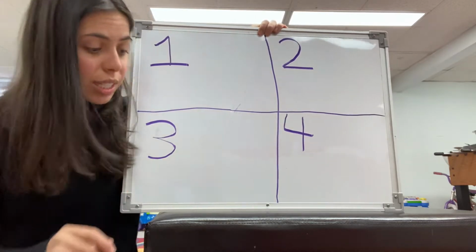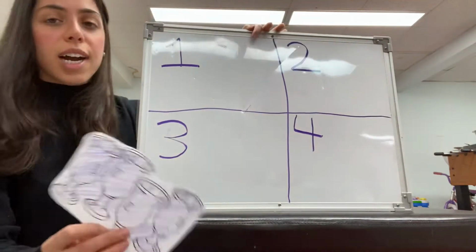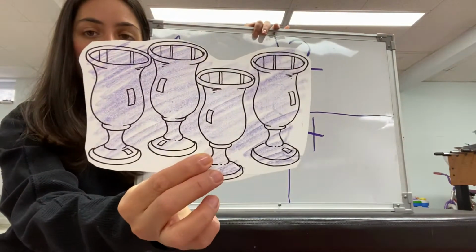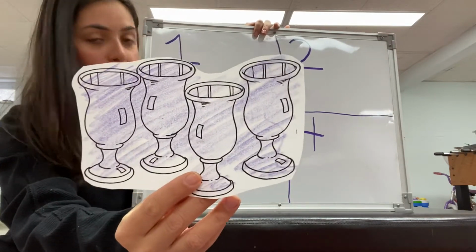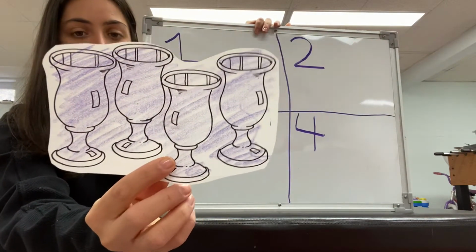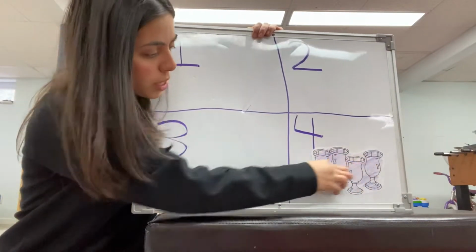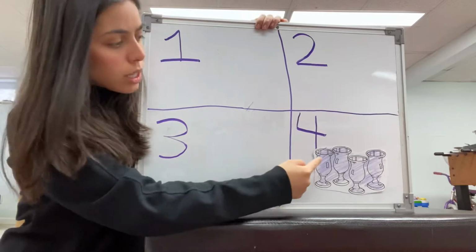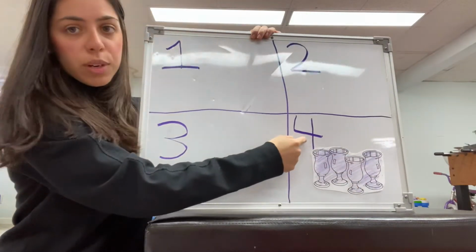Actually, there's 2 things. The one I'm thinking of right now is that on Pesach, we have how many cups of wine or grape juice do we drink? On Pesach, we drink 4. 4 cups of wine or grape juice. 1, 2, 3, 4. Number 4.